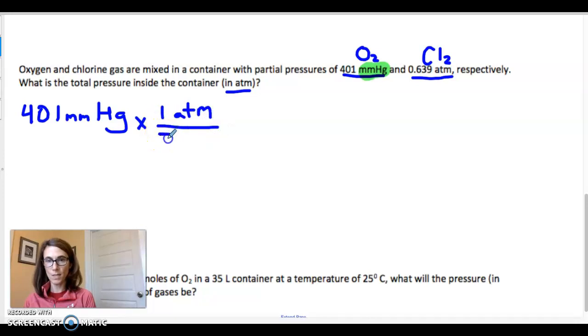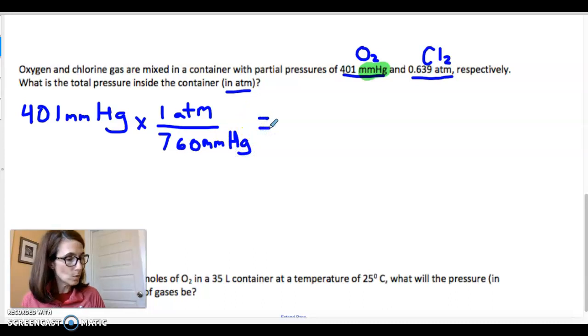So we just have to take our 401 and divide by 760, and then we can just plug and chug into our Dalton's law equation. 401 divided by 760 gives us, and I'm going to round to 3 sig figs since we were given 3 sig figs, 0.528 atm.